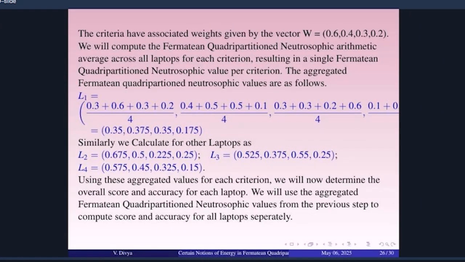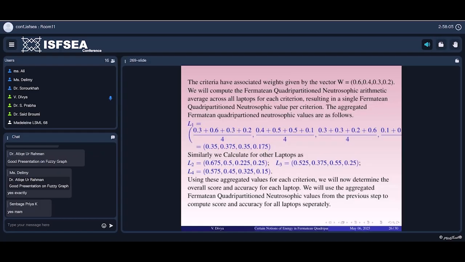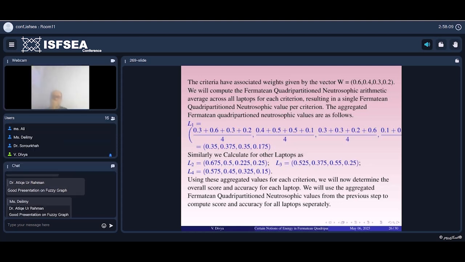Next, I have given the weightage for each laptop. For the first laptop, I have given the weightage as 0.6, next 0.4, next 0.3 and 0.2. Now, I'm going to find the aggregated value for each laptop. For the first laptop, the aggregated value was 0.35, 0.375, 0.35 and 0.175. Similarly, I found the aggregated value for the second, third and fourth laptops.